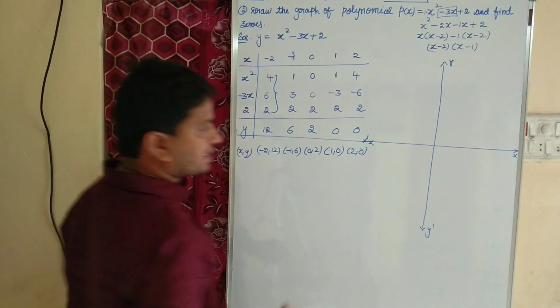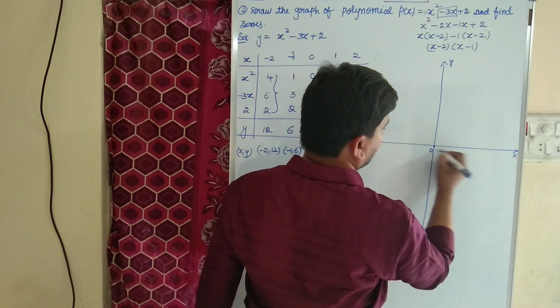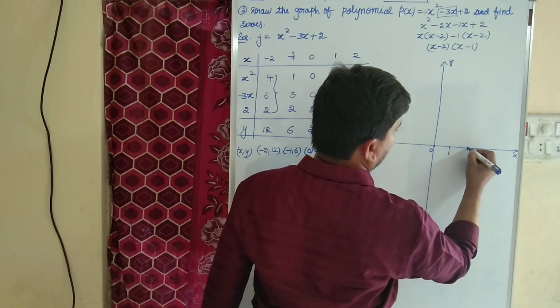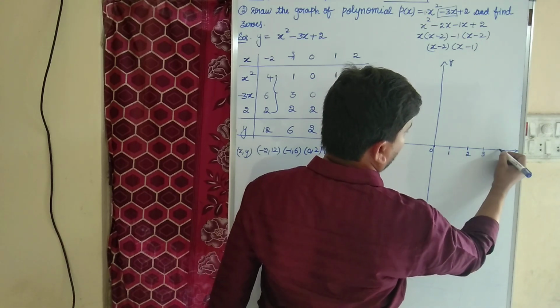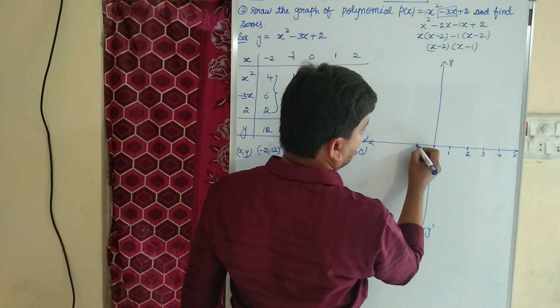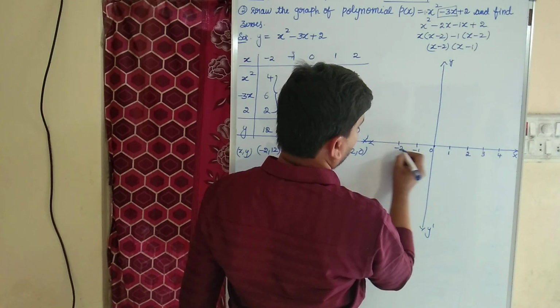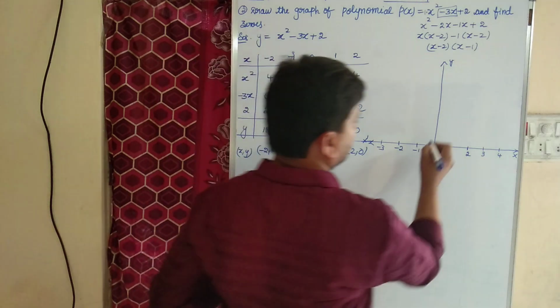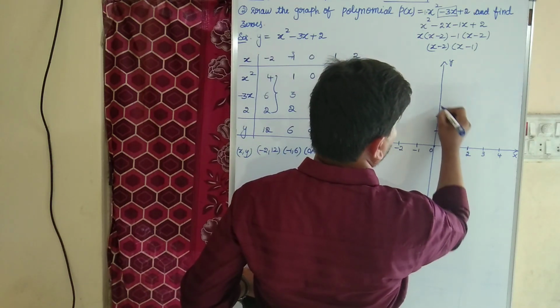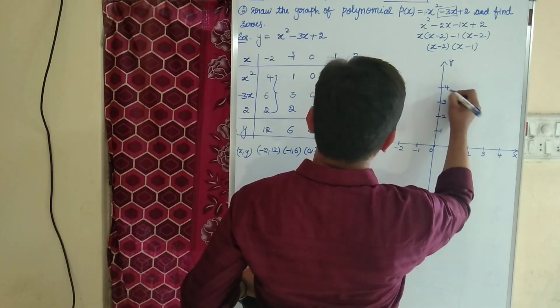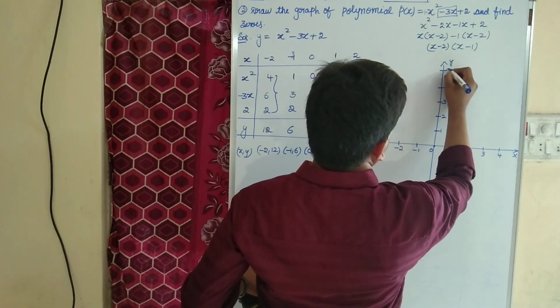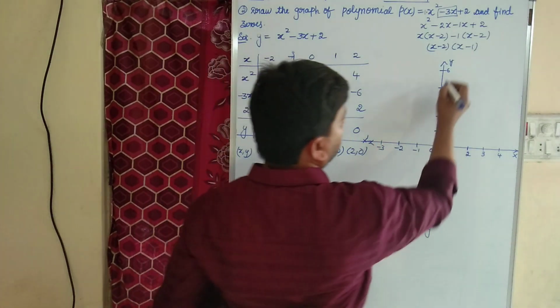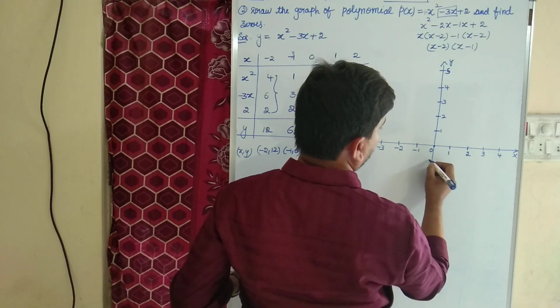Okay, on the x-axis, on the right hand side we have to take all positive values, on the left hand side we need to take all negative values. Above the 0, positive values, and below 0, negative values.